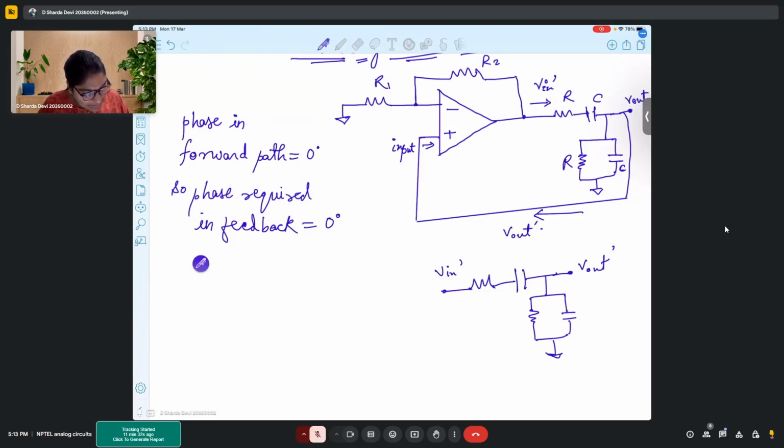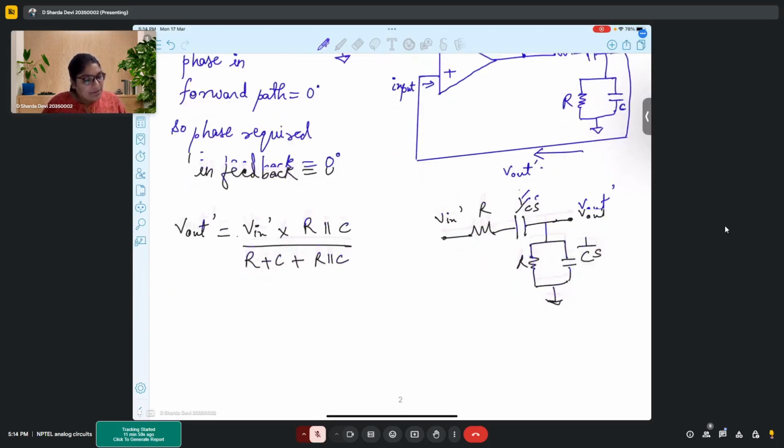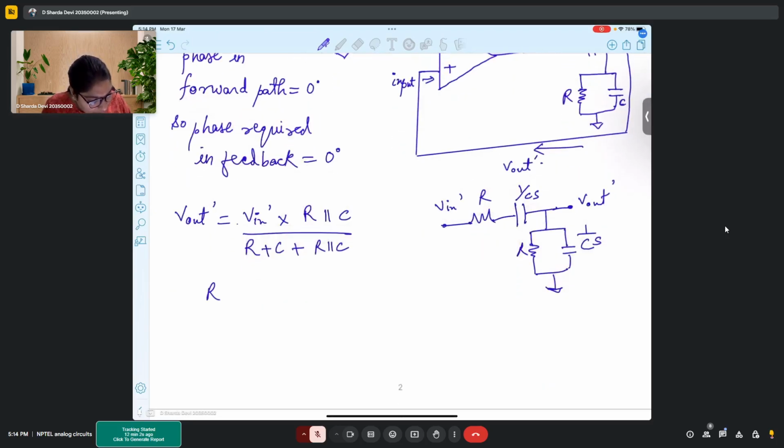I can write V out dash is V in dash into R parallel C by R series C plus R parallel C. So R parallel C is nothing but R into 1 upon CS by R plus 1 by CS.